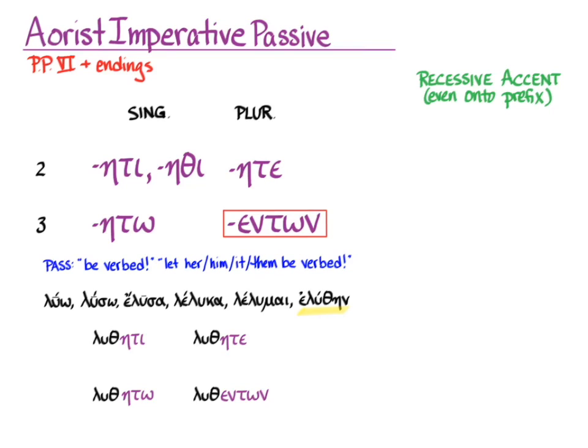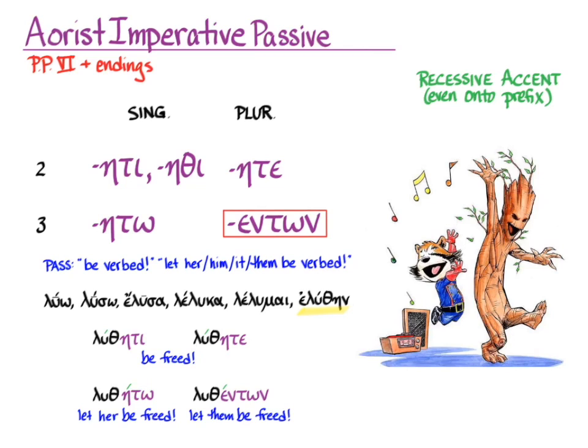And then we will add our accents. And what we get is luthiti, luthete, which means be freed. And then lutheto, luthentone, which means let her be freed or let them be freed. I decided to go for the positive in the passive and not destroy them. One last happy dance for having no alternative endings.